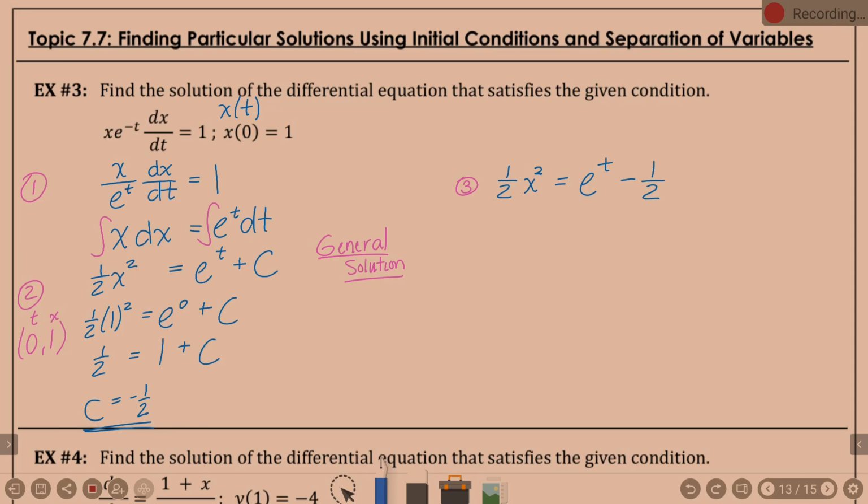If we get x squared by itself, how do we get rid of the 1/2? Multiply by 2. So if I do that, x squared equals 2 times e to the t minus 1. And you could go one more step and say x is the square root of that. But that's what I have as the particular solution in this one.